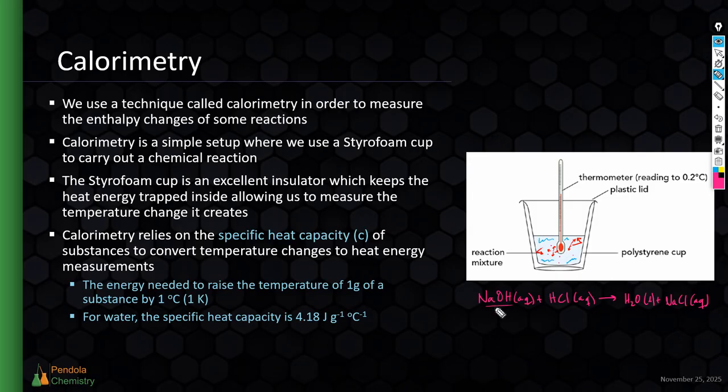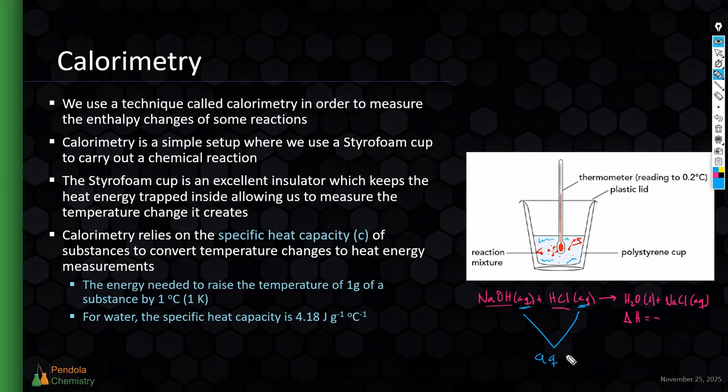Because the reactants here are sodium hydroxide and hydrochloric acid, those pink dots, this reaction being exothermic, delta H being negative, means that this reaction is giving off heat. Well, that heat has nowhere to go because of the styrofoam cup. The only place that heat can go is the only part of the surroundings that we have within the cup, which is the aqueous water.